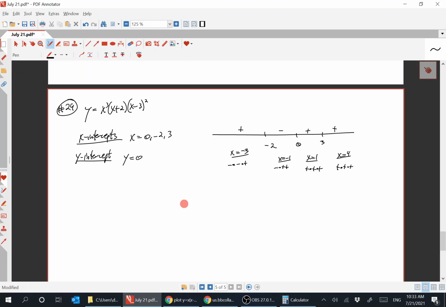So what this information is telling us is the following. Here's 0, negative 2, positive 3: positive, negative, positive, positive. So positive, negative, positive, and then it's got to have a local minimum there because it's got to be 0 here.